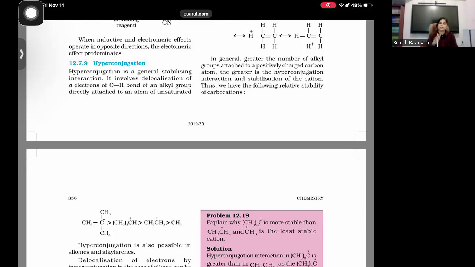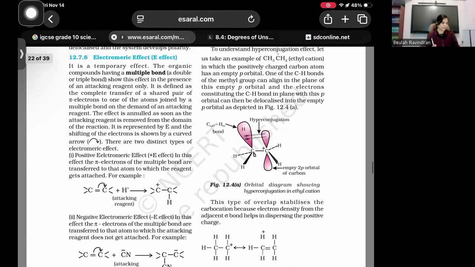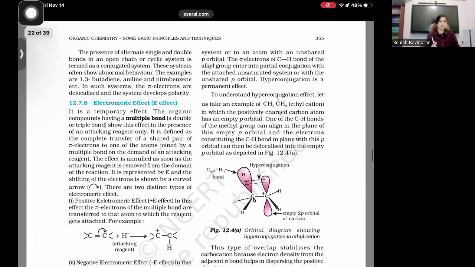This effect is achieved when a conjugative system is attached with an alkyl group. What is the condition you can apply? When a conjugative system is attached with an alkyl group, then interaction between pi electrons and sigma electrons of the nearby C-H bond will happen. So this is hyperconjugation. It is explained here. Okay. You can understand this.